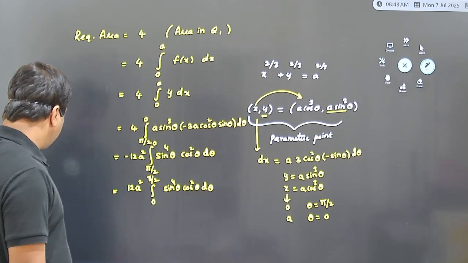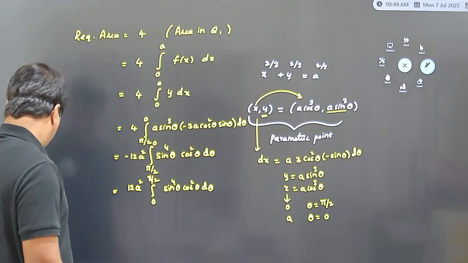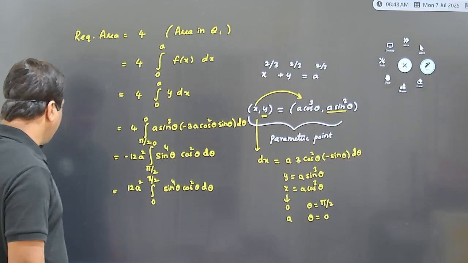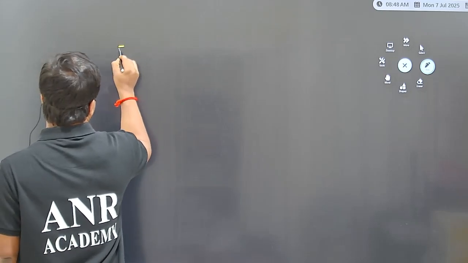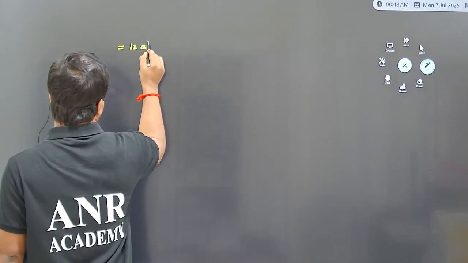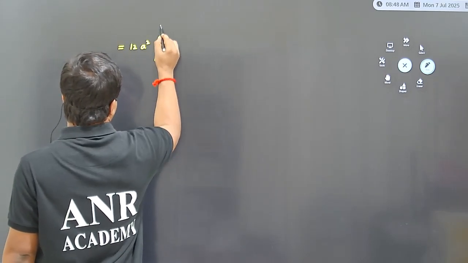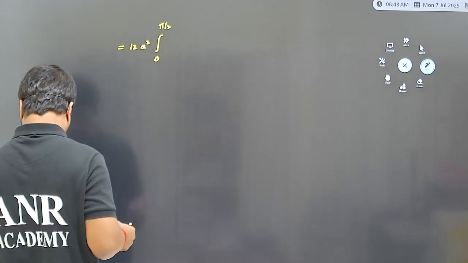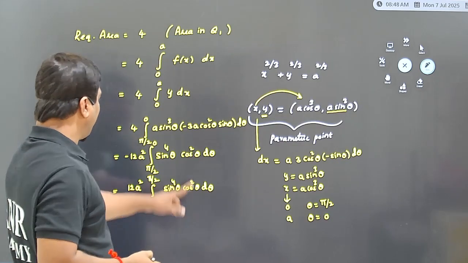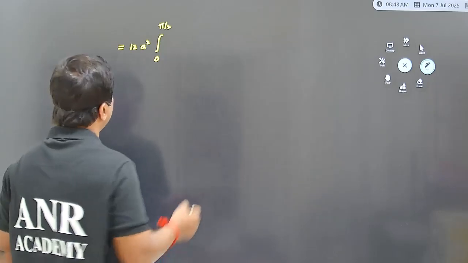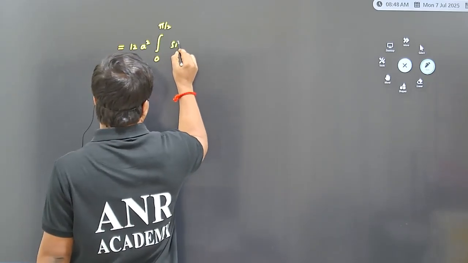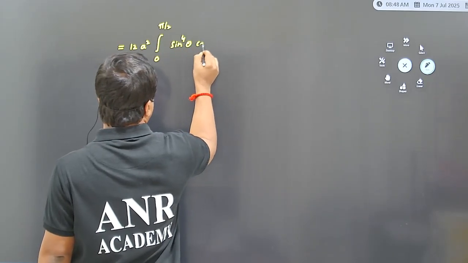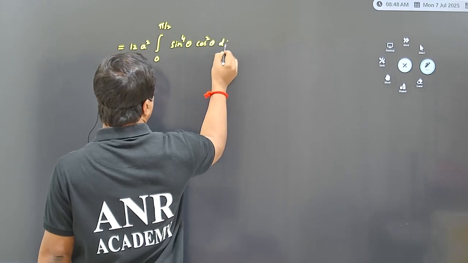Next, constant 12a square outside, integration from 0 to pi by 2. Next you have sine power 4 theta cos square theta d theta, right?